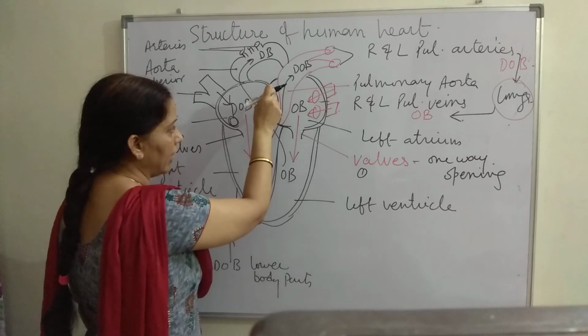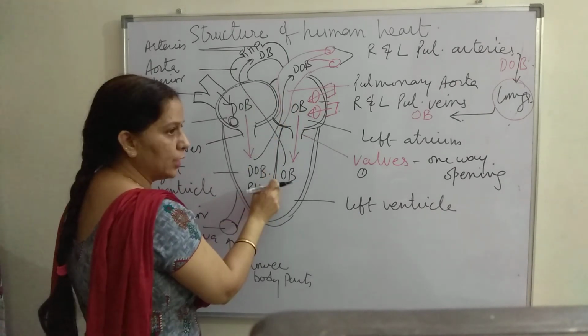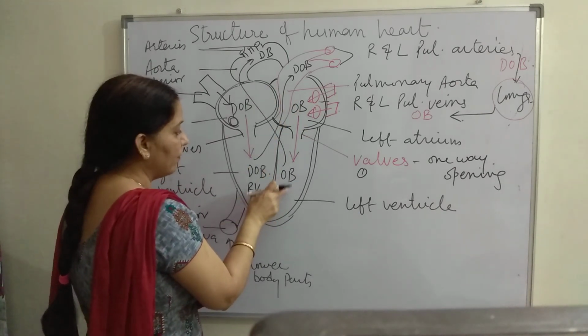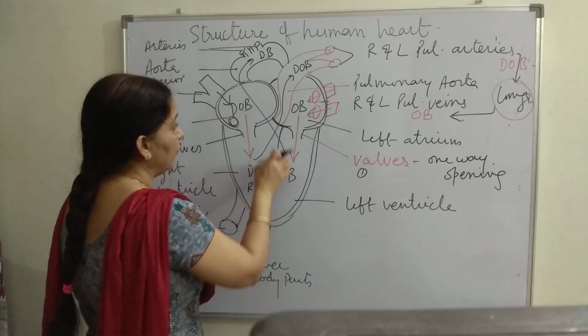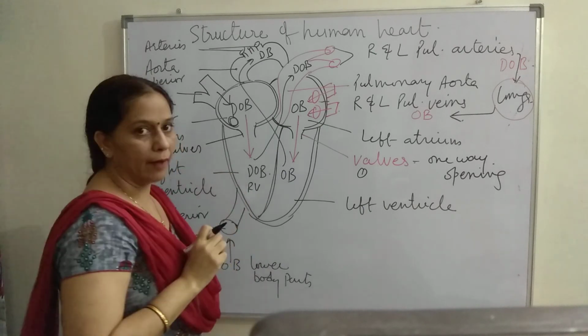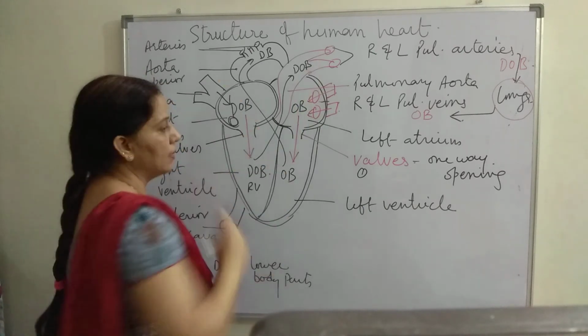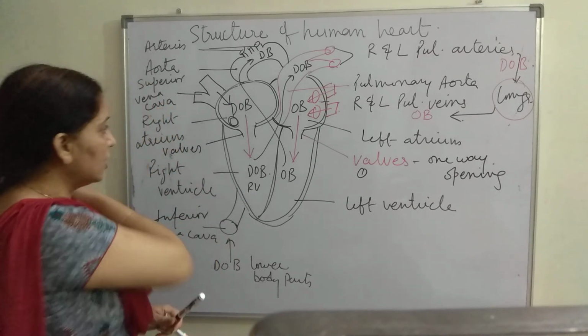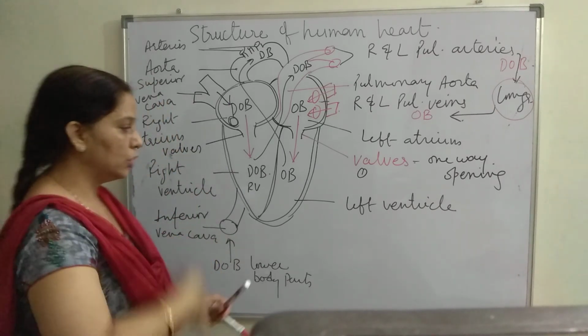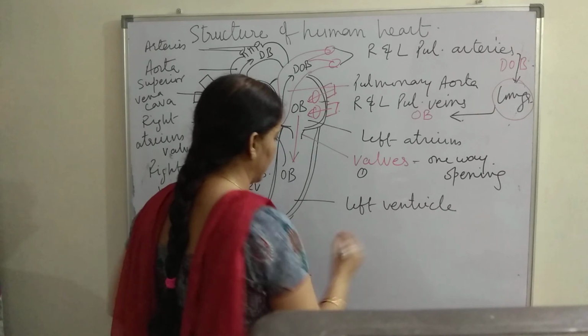Both atria contract simultaneously and release blood in the ventricles. When the ventricles contract, the atria relax and then this blood flows into both aorta. From the aorta, it is further supplied in the same way as I have already told you. Right? So, in this way, the structure of the heart is ensuring what type of circulation?